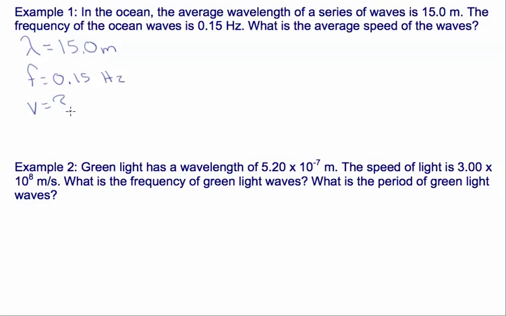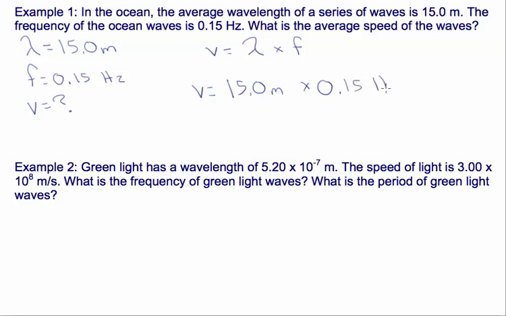Make sure that that is a lowercase v, not a capital. Your wave speed equation is that speed is equal to wavelength times frequency. So we don't need to rearrange this equation at all. We know that velocity equals 15 meters times 0.15 hertz.